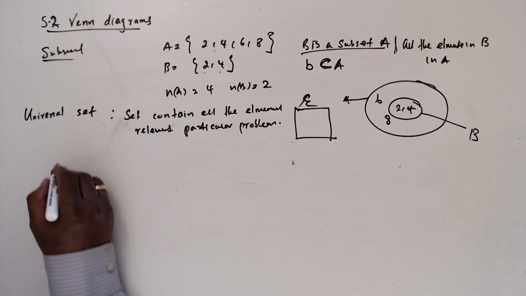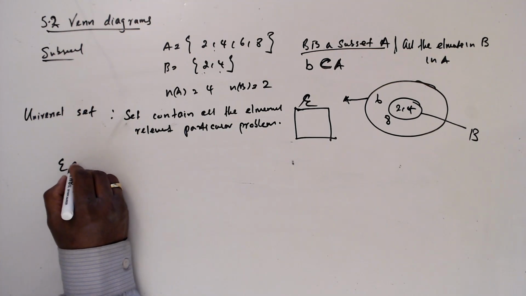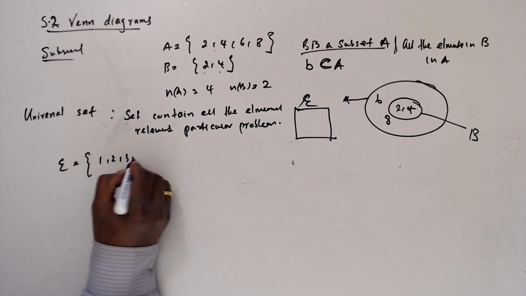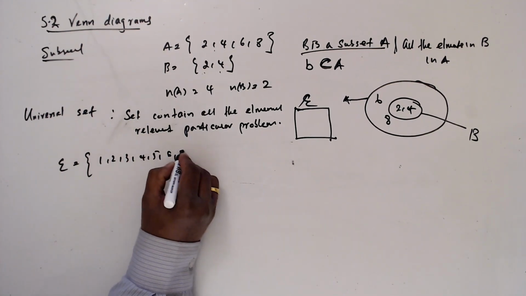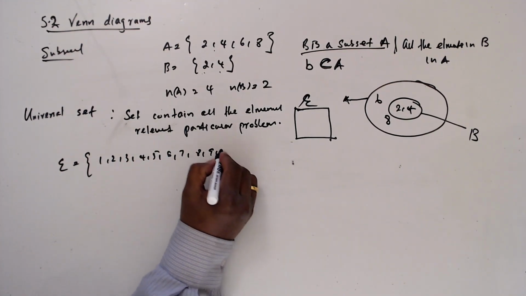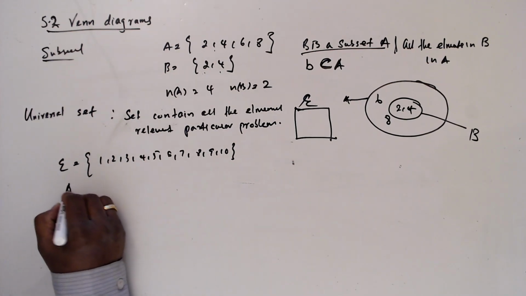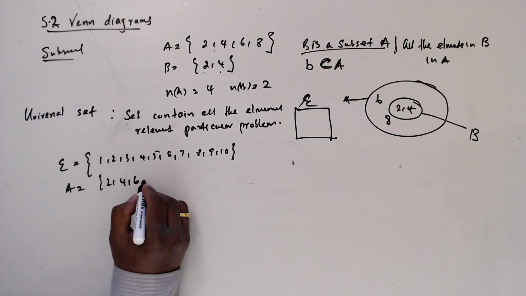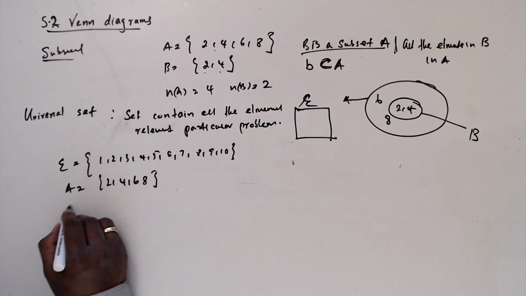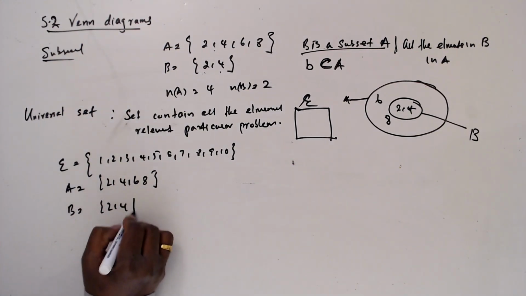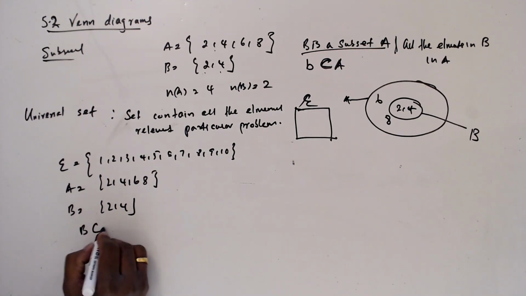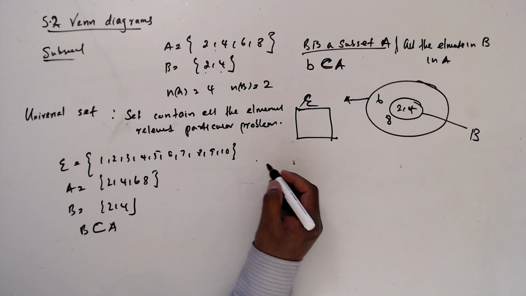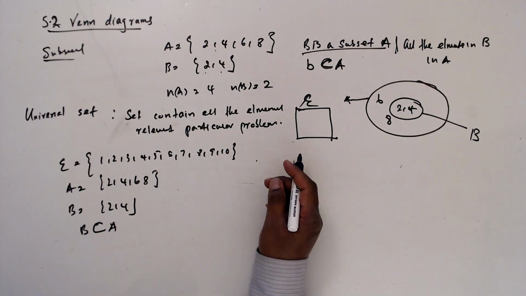So I'll define a universal set: 1, 2, 3, 4, 5, 6, 7, 8, 9, 10. A is 2, 4, 6, 8. B is 2, 4. So B is a subset of A.